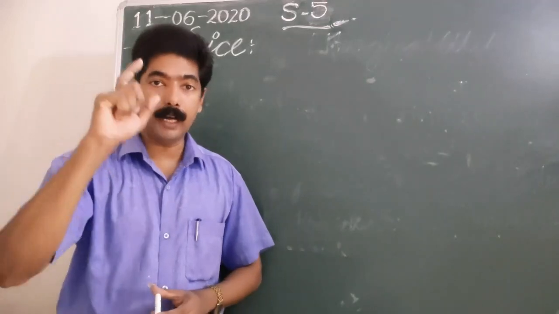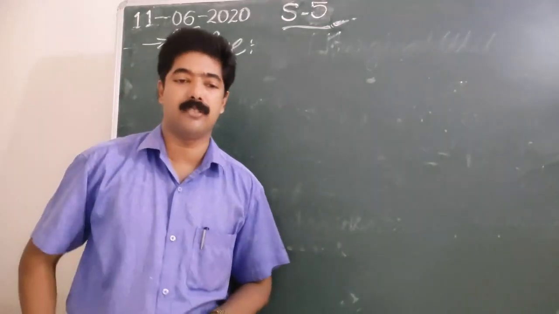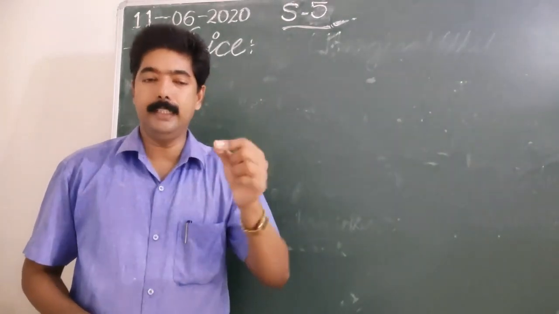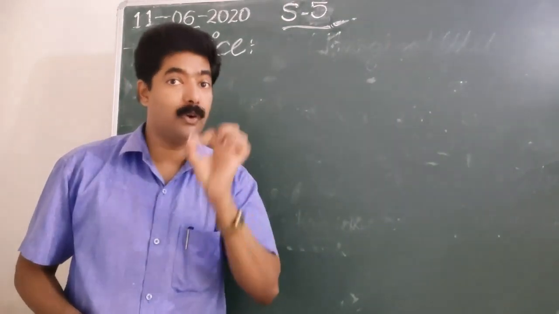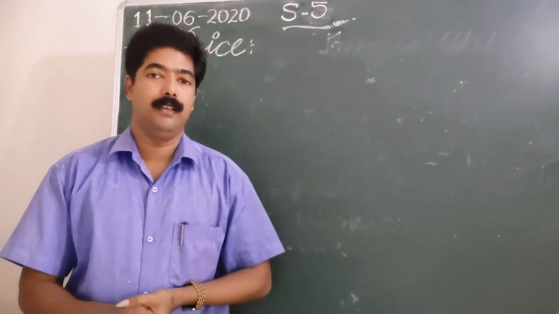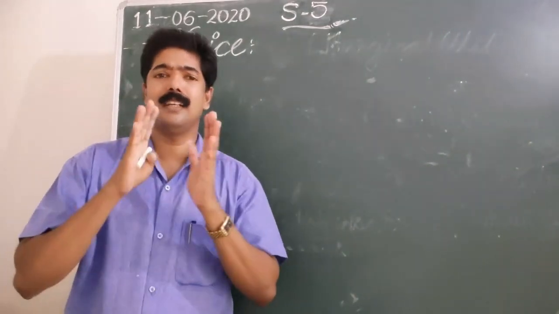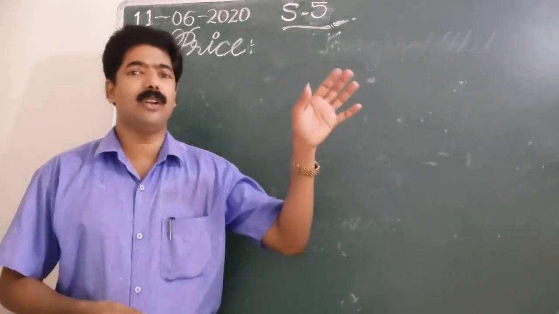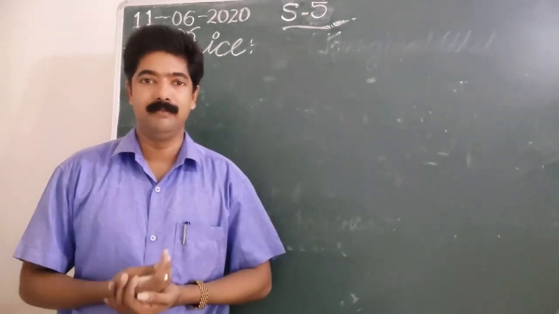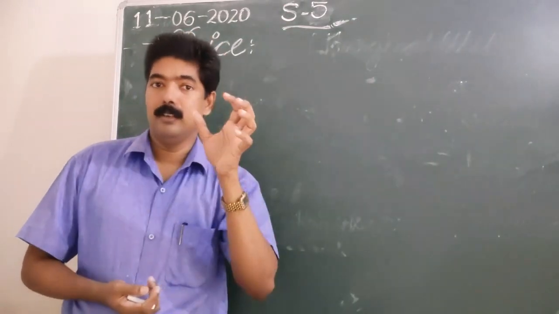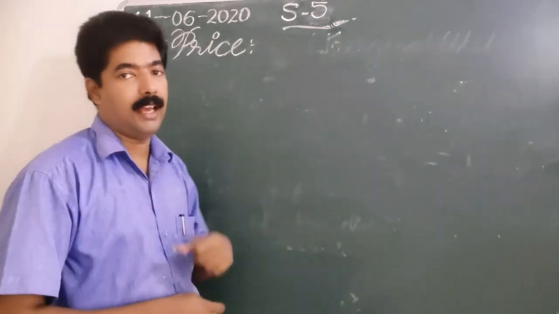It is the market forces, demand and supply. The price of a commodity is determined through the market forces of demand and supply. It is not any single firm, not any single producer, and not we.